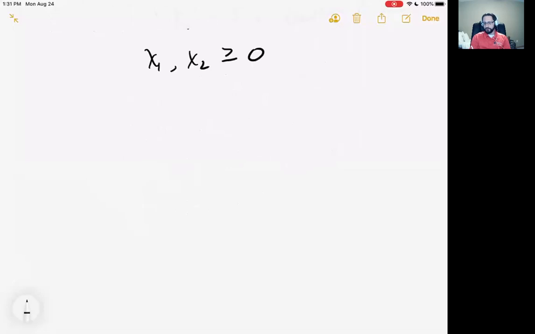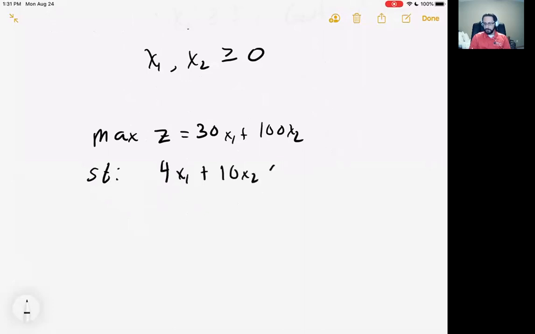Combining all of this information together, we have an expression that looks like maximize Z equals 30x1 plus 100x2 subject to these following conditions: 4x1 plus 10x2 less than or equal to 40, x1 plus x2 less than or equal to 7, x1 greater than or equal to 3, and x1 and x2 greater than or equal to 0.